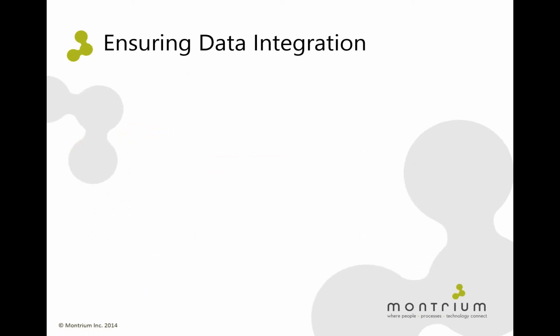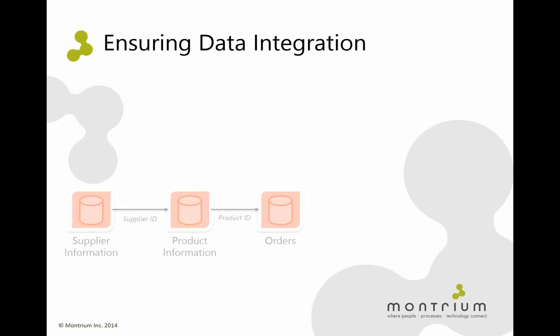So when we start to build our cube, we need to think about how we're going to integrate our data. And in the example that we just spoke about around products and suppliers and incidents, we of course have a lot of third-party data in our ERP system or other databases around our suppliers, and that information is typically linked to products, which are then typically linked to orders from those suppliers for those products.